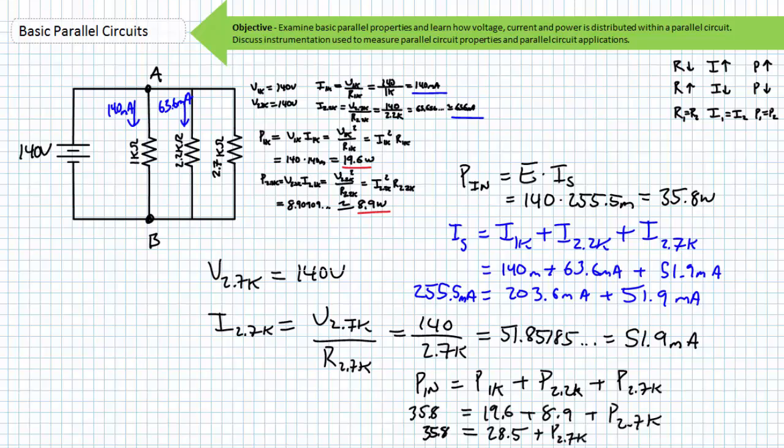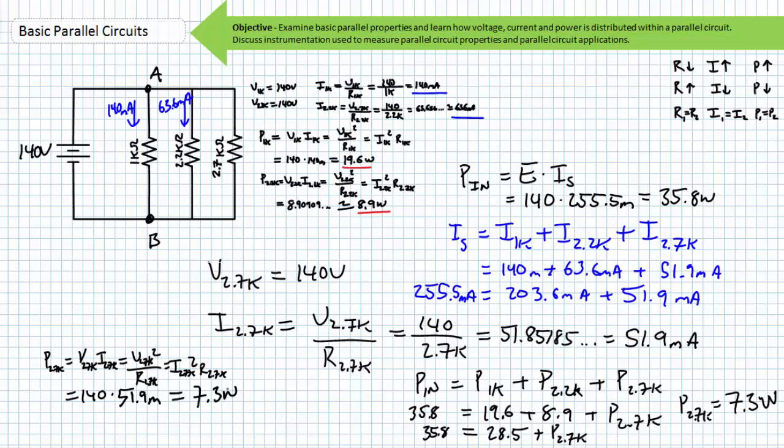Subtracting 28.5 watts from both sides yields the power dissipated by the 2.7 kilo ohm resistor is approximately 7.3 watts. We can check our work by solving for individual power dissipated by the 2.7 kilo ohm resistor by using voltage across it times the current through it, or any permutation of the power equation. 140 volts times 51.9 milliamperes again yields approximately 7.3 watts, confirming our earlier calculation.